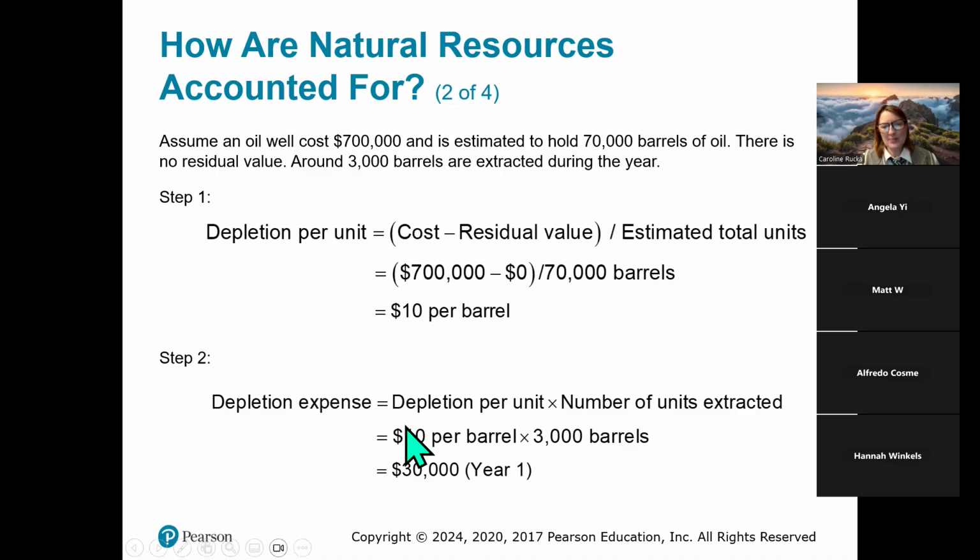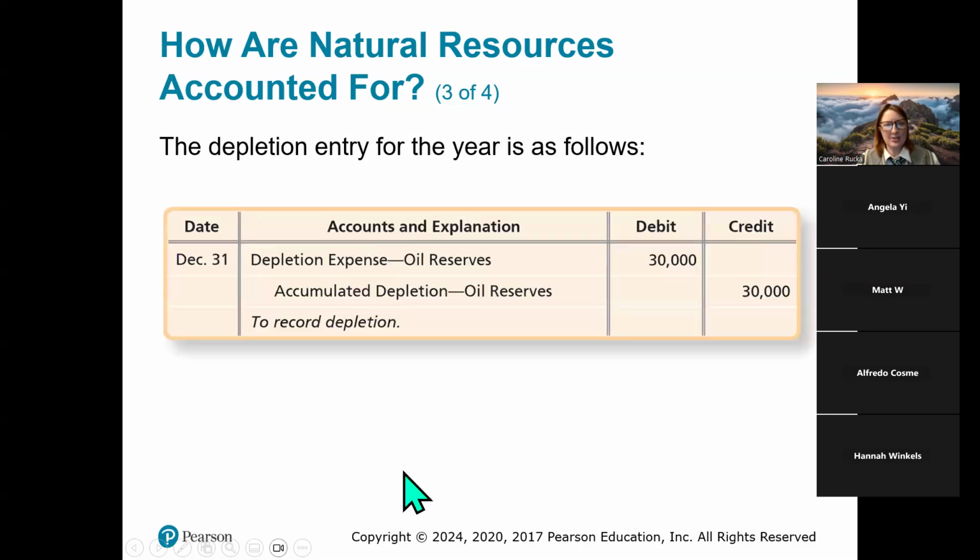So our depletion expense, that's going to be our $10 per barrel times the 3,000 barrels that we pulled out this year. So this year we have depleted this oil reserve by $30,000. Okay, and this is what the journal entry is going to look like. Depletion expense, 30,000.